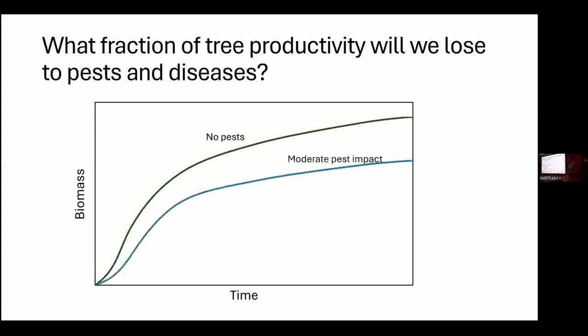But we just don't know what's going to happen. Do we get a moderate pest impact when the next thing comes along? Or do we get some sort of catastrophe for the next pest? So we need to know about the next pest, really, and what's going to happen.